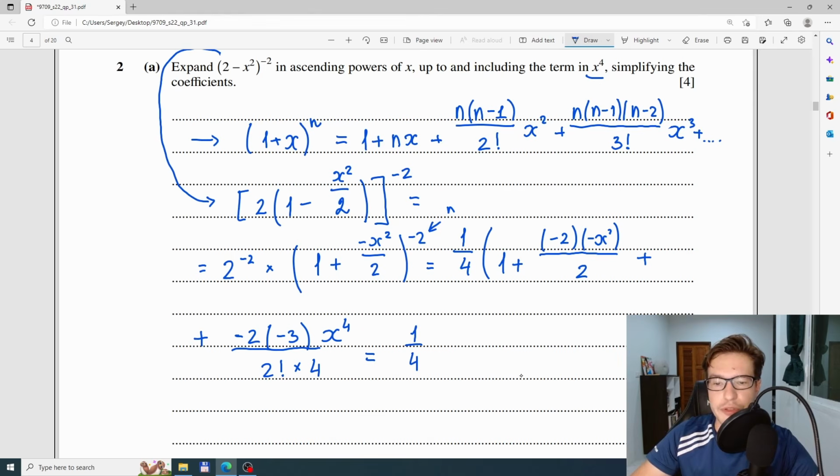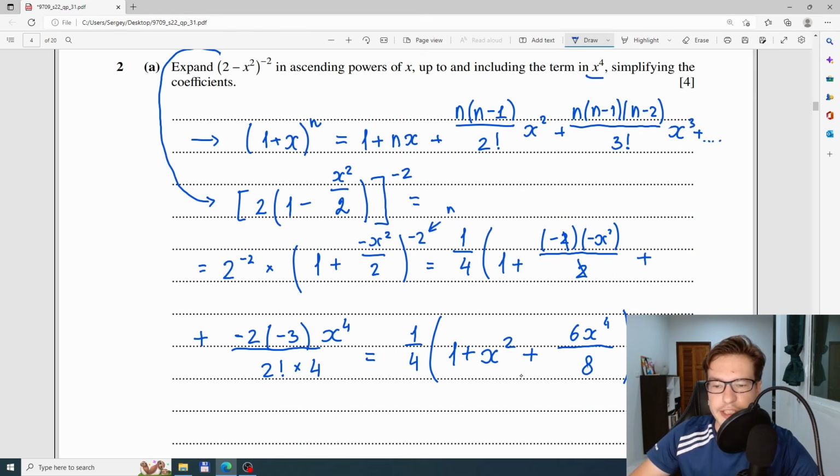Now, all we have to do is to simplify this a little bit. So we'll get 1 over 4 times 1 plus, minus and minus will be plus, 2 cancels out, so 1 plus x squared. Next term, again, it's going to be plus 2 times 3 is 6, x to the power 4 over 2 factorial, which is 2 times 4, is going to be 8.